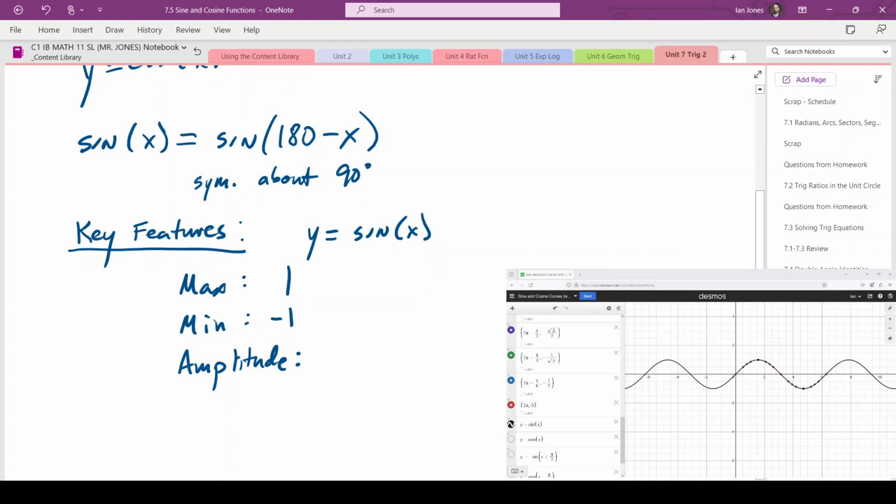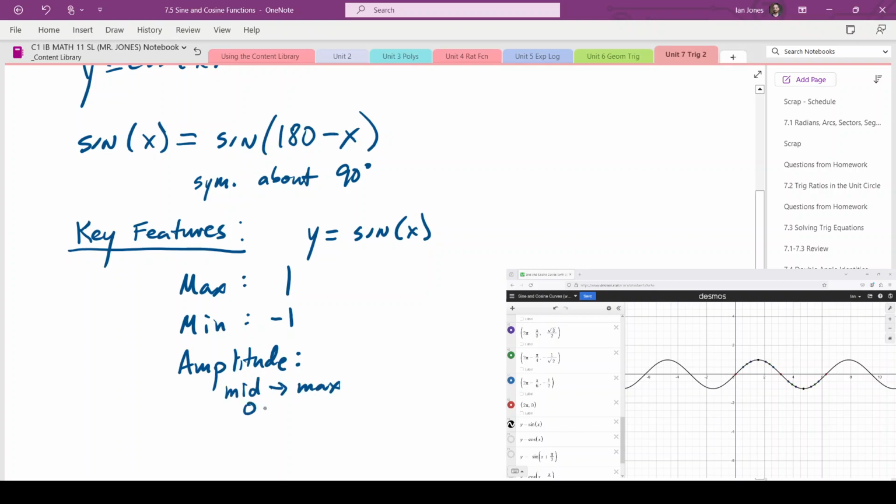Now, the amplitude is the distance from the middle to the top. So this sine curve here, you can see it goes from -1 up to +1. The middle of it is 0. So the amplitude is the mid to the max.